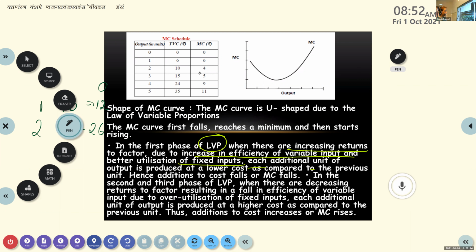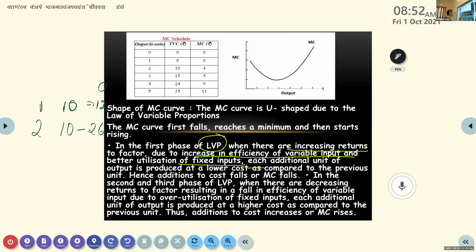What is the reason for the increasing returns in the first stage? Akshay? At the beginning, the efficiency of the variable inputs is really high. At the same time, we are utilizing the fixed inputs in a better manner.